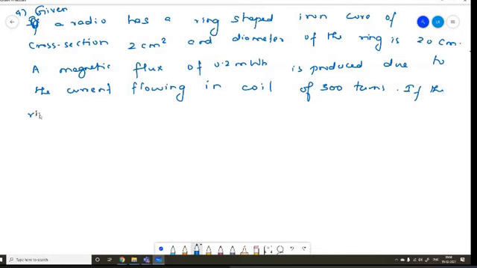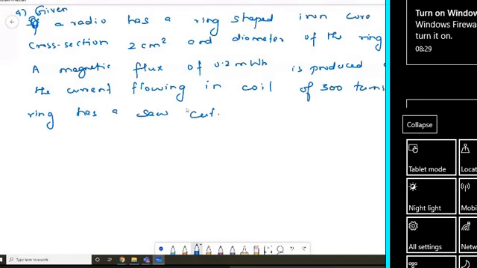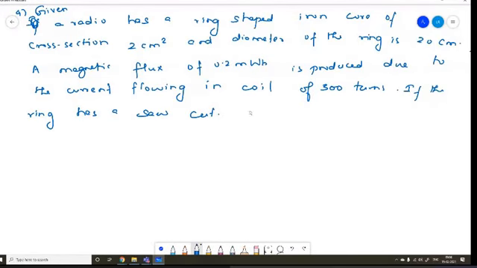If the ring has a saw cut, which means a portion of the ring has been cut and we have removed it, which means now in that place we will have an air gap which we need to analyze. The air gap is 0.4 mm.